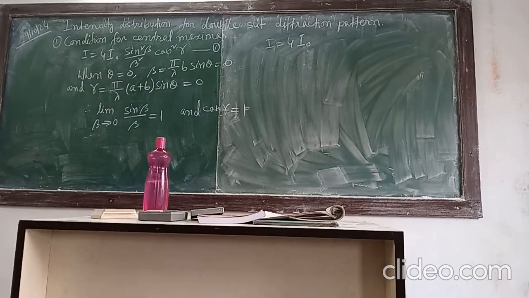Because in case of single slit, we saw that the intensity of the central maximum was I equals I0. Here we get I equals 4I0. So the intensity of the central maxima for the double slit is 4 times that of the single slit.